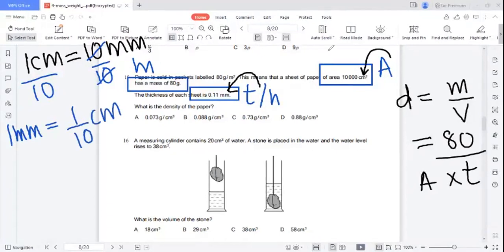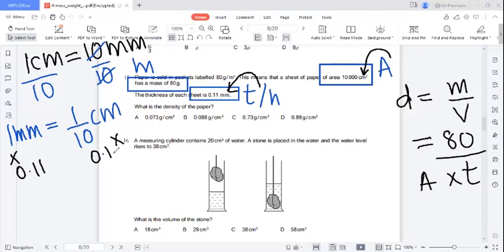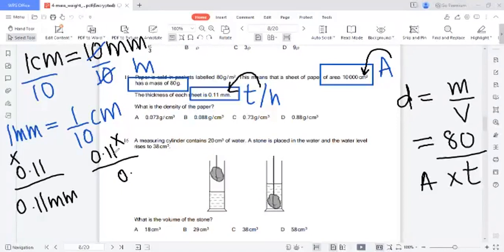So now if we multiplied both sides by 0.11, it would become 0.11 millimeters, which is equal to 0.11 centimeters over 10.